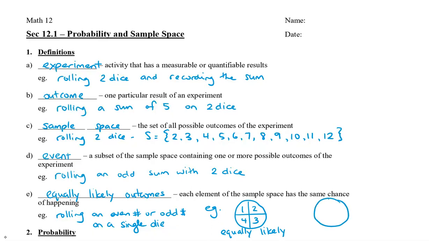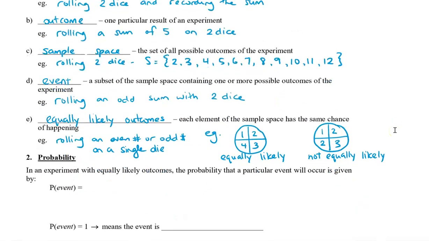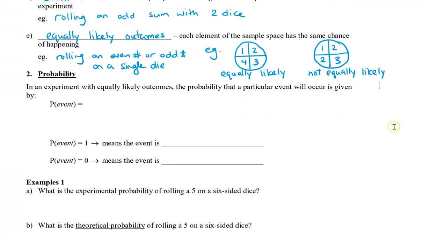On my second spinner, let's say that the spaces are still the same size, but because there are 2 2s, it is not equally likely that we will get each of the numbers since 2 occurs more often. All right, so let's now see how these definitions are actually used in probability problems.